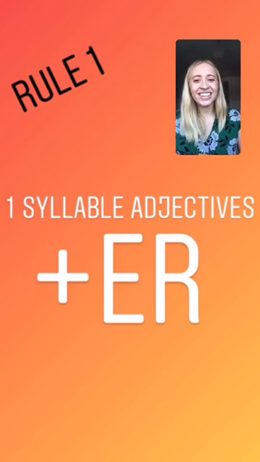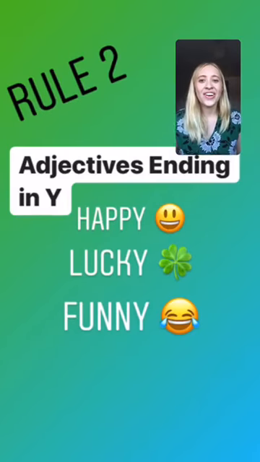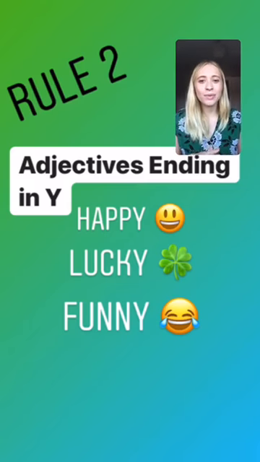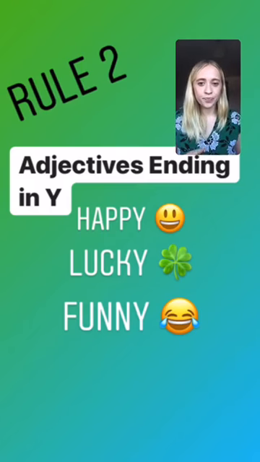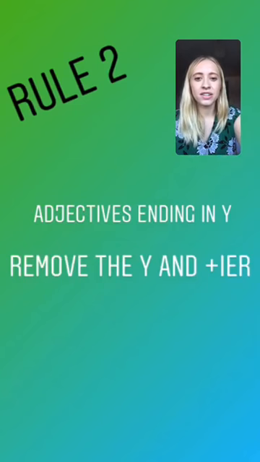Let's have a look now at rule number 2. We are looking at adjectives ending in Y. The examples are here. We have happy, lucky, and funny. So, what do we do for these?